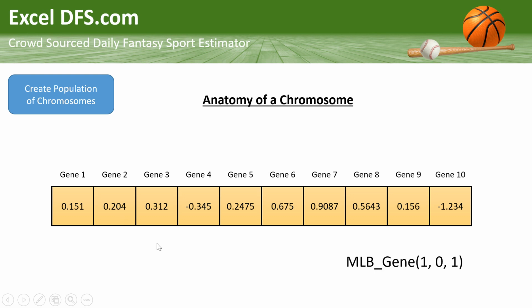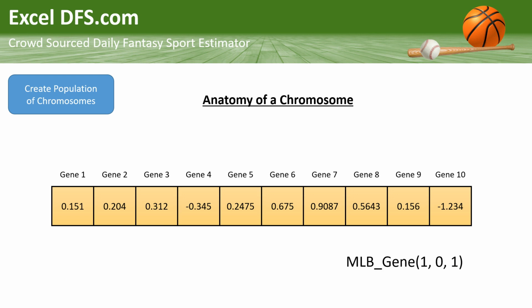So this is the heart of the chromosome, and if we have a population of 100, we would have a matrix of 100 of these chromosomes, all with different values. So maybe gene 1 is 0.15 here, maybe it's 0.23 on the next, 0.56. As long as it's between 0 and 1, that's what will be generated. So that's how we create the population.